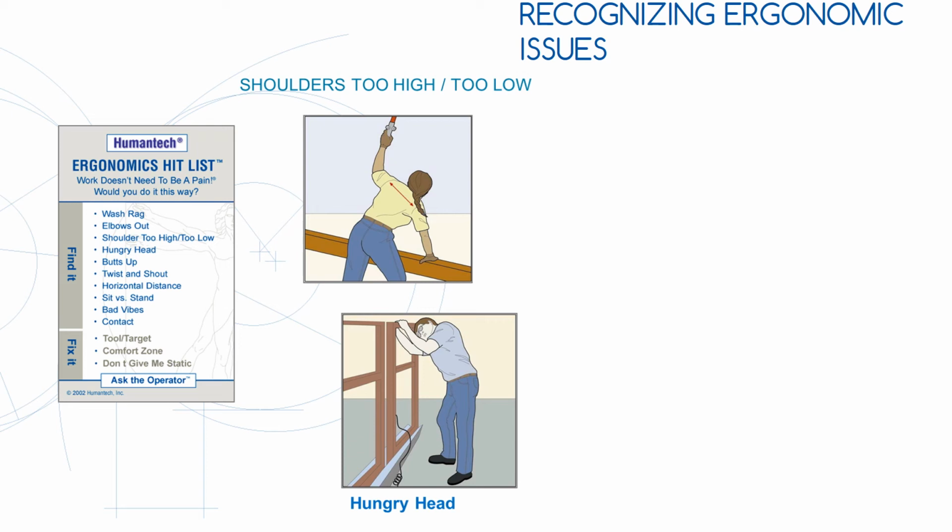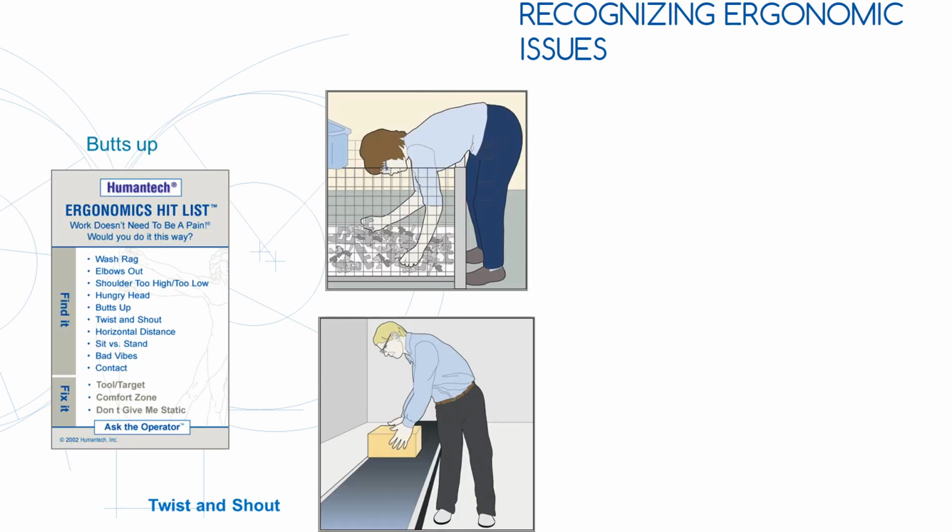Hungry head. This is where the item is too low for the operator. He is contorting his body to try to look at the task at hand. Bending over to totes. This is very ergonomically unsafe. If you have a situation like this, please report it to your supervisor.